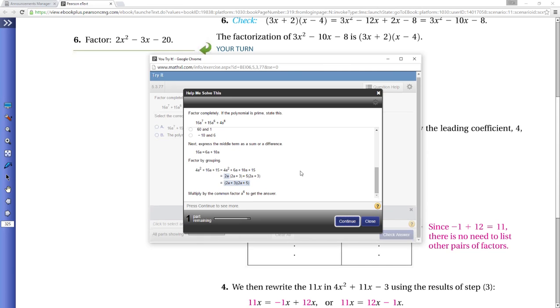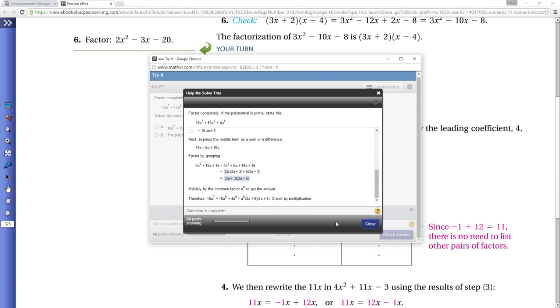And then you remember we got to multiply by that common factor. That first thing we did was take out the common factor of a to the 6th. So I end up with this whole thing. Here's my original polynomial.